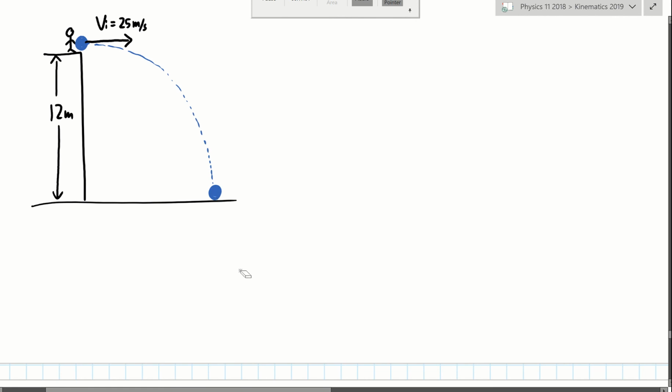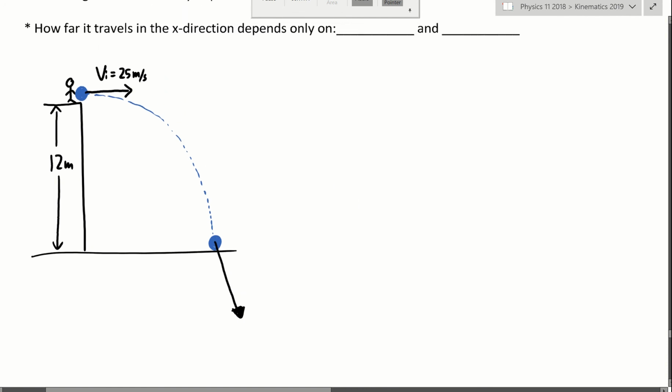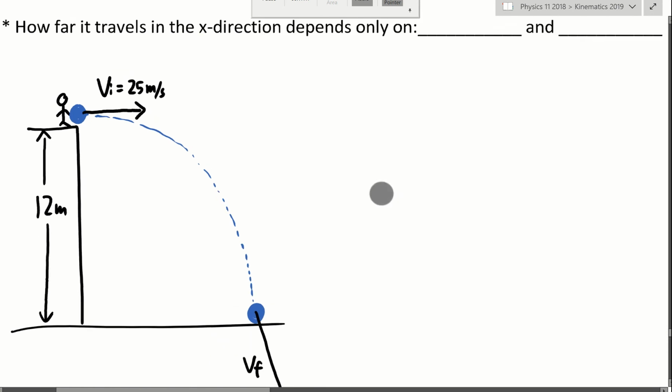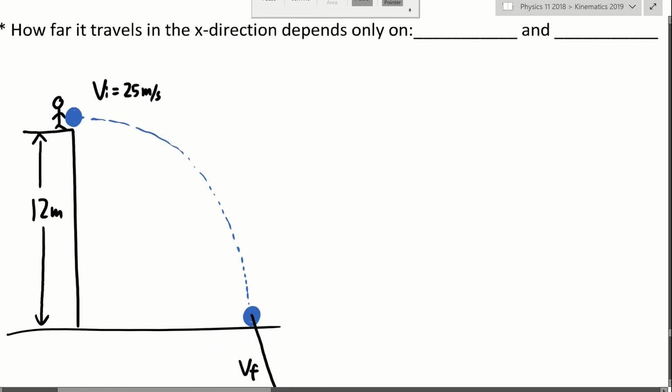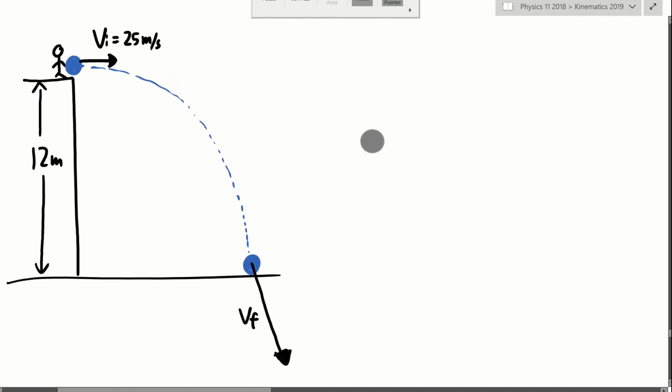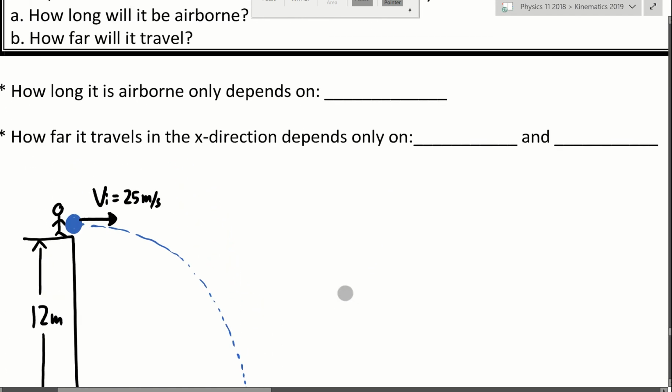It's going to have a final speed that goes this way. But we don't have to worry about that, not yet. This is your V final. So V initial is 25. And then by the time it hits the ground, it's going to have a V final that goes in a weird direction.